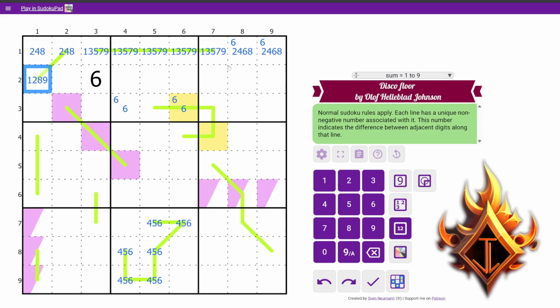If it was 5, it could be 3, 7, or 9. So basically about anything except for 6. It can never be 4 or 5.